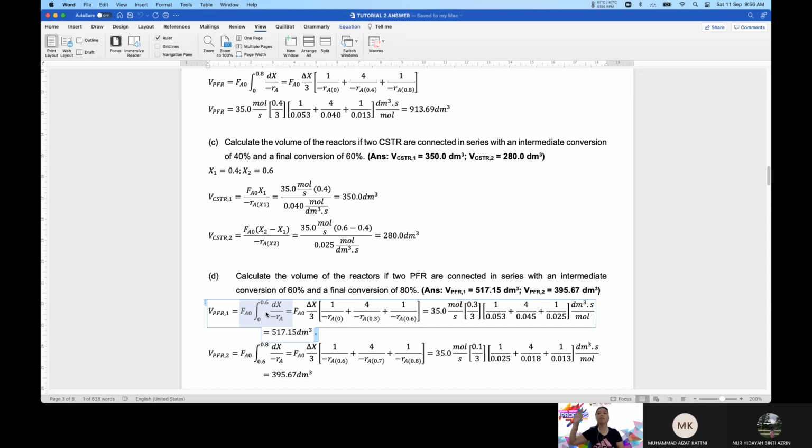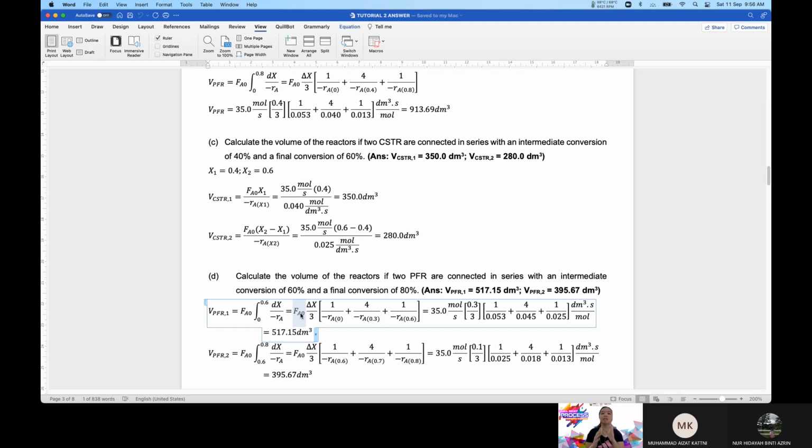Then kamu nak tukar dalam bentuk Simpson one-third rule. Tapi jangan lupa yang Simpson one-third rule ni just to cover part integral. FA0 yang kat luar tu mesti ada juga. So that's why kita akan bermula dengan FA0. Part integral tu yang baru jadi Simpson one-third rule. So it become delta X per 3 in bracket the 3 point.